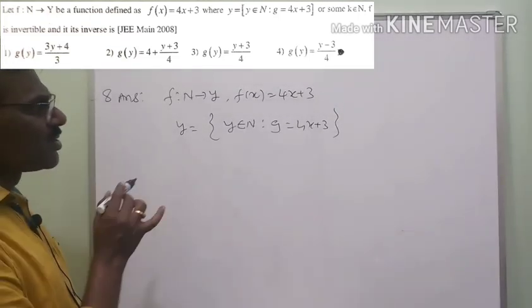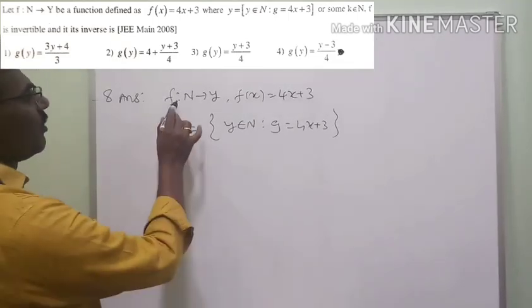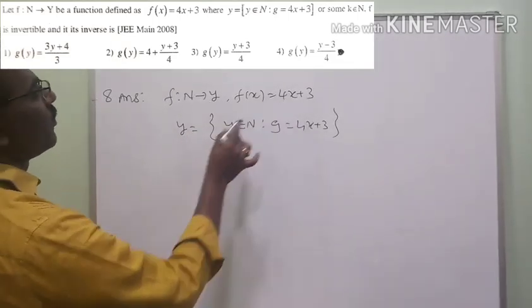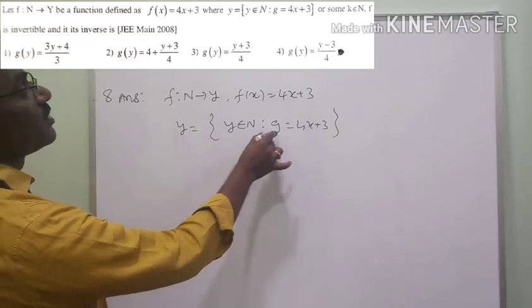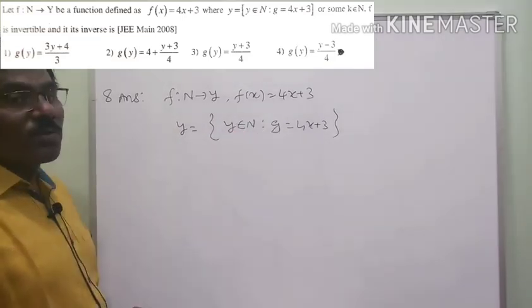Don't confuse, already codomain equal to range is given. F from N to N, f of x is 4x plus 3, then y is given by g of x. So I think codomain equal to range.